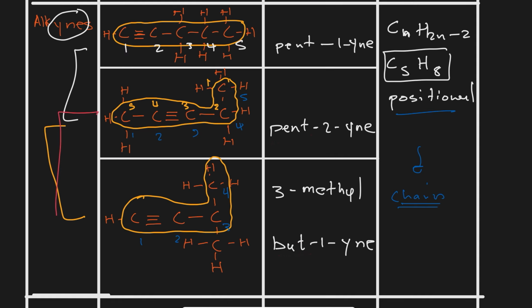The functional group has shifted to a different carbon, and the main chain has also changed. So we have both positional and chain isomers.